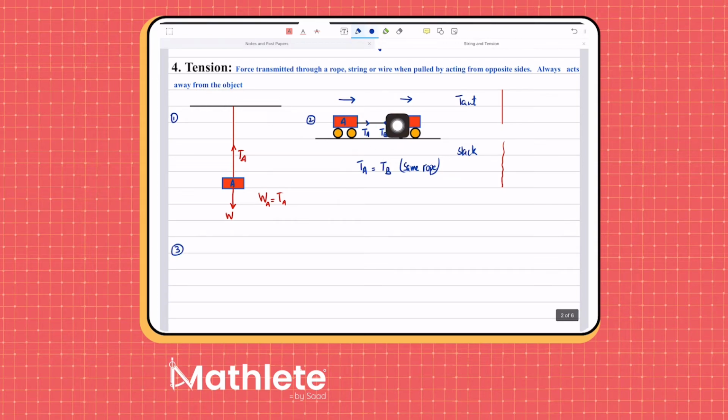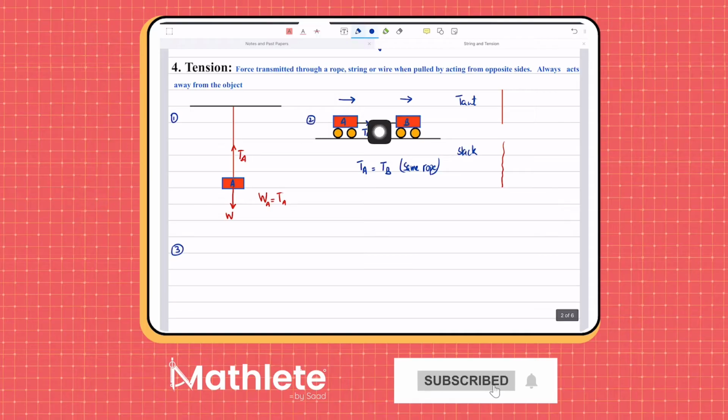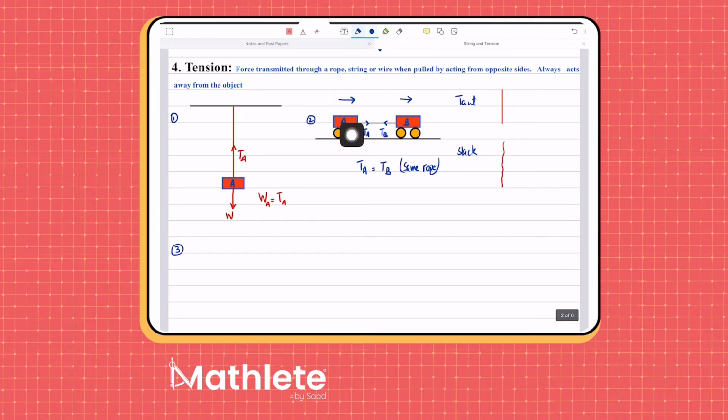So if you ignore object B for a minute and just look at object A, which way is away from the object? Is it towards the right or towards the left? If it's towards the left, that means it's acting towards the object. No, it's got to be acting away from the object, so it's acting towards the right. We look at each object one by one, not collectively.